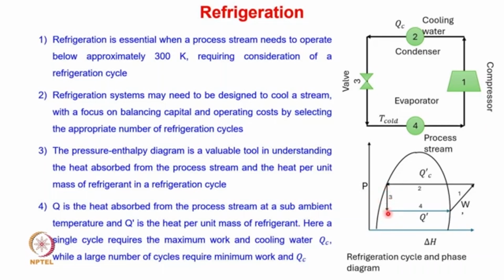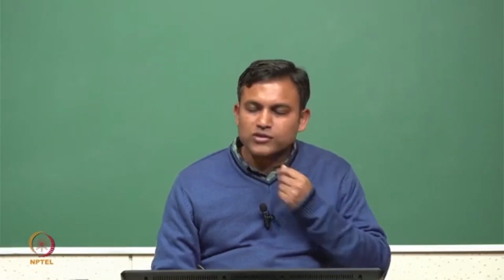We are moving from 3 to 4 here, and in the fourth stage evaporation is happening. With this cycle we can perform the refrigeration and reduce the temperature of the process stream.